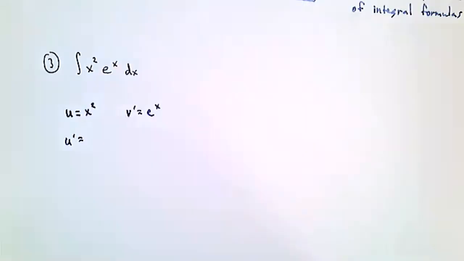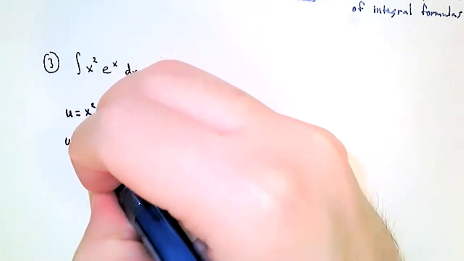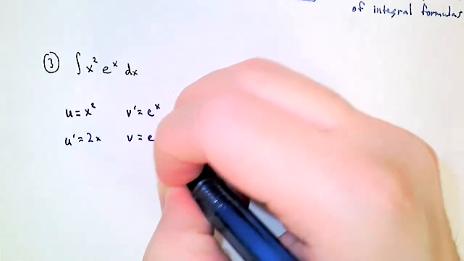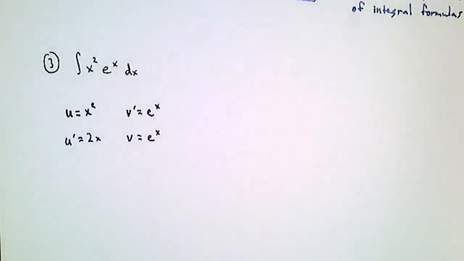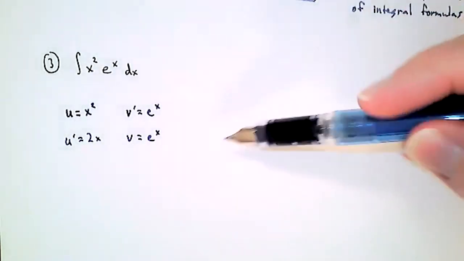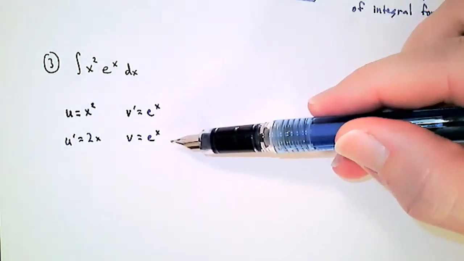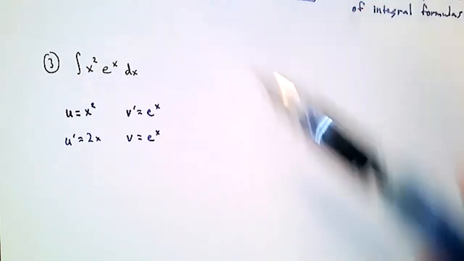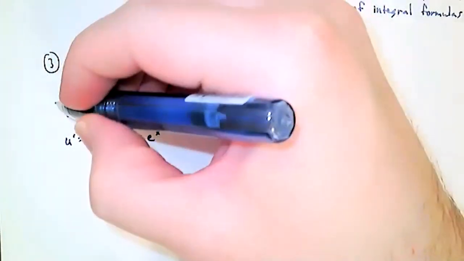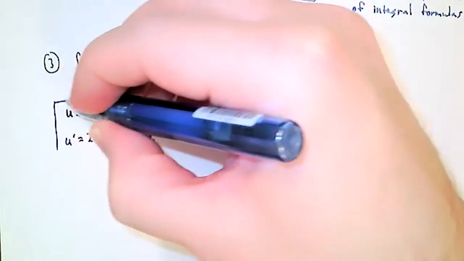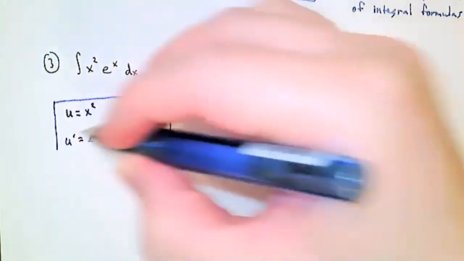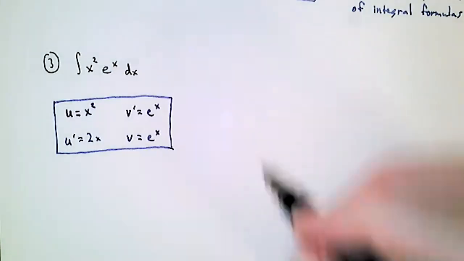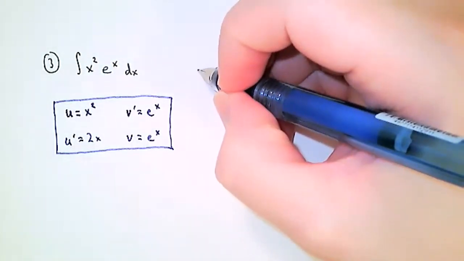So u prime is 2x, and v, finding an antiderivative for e to the x, is e to the x, like I just said. And we don't have to worry about adding a constant at this point, because we're going to add it on the very end of our integral when we're finished. Just as long as you pick a good antiderivative, we don't have to worry about adding an extra constant.